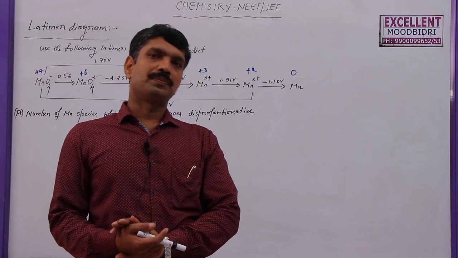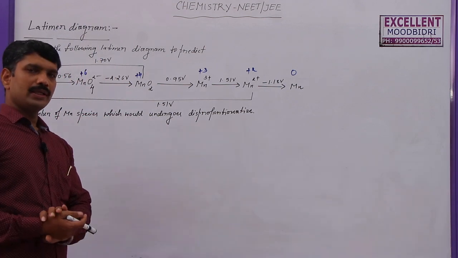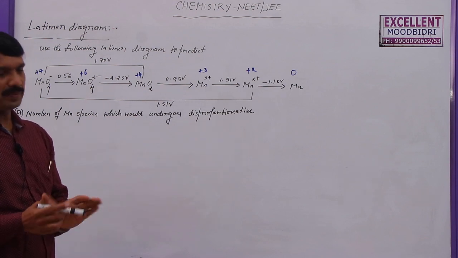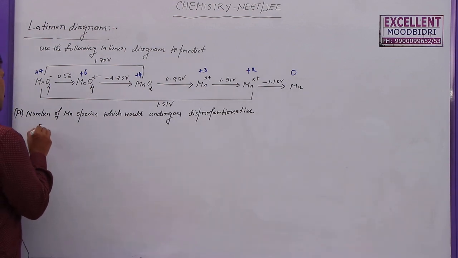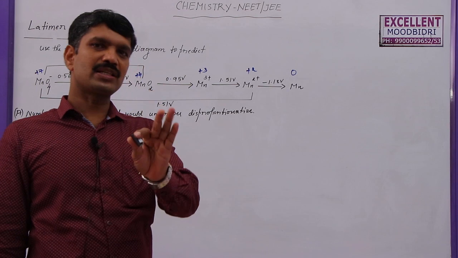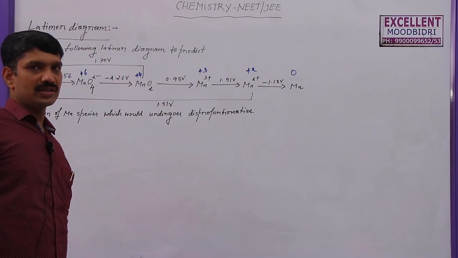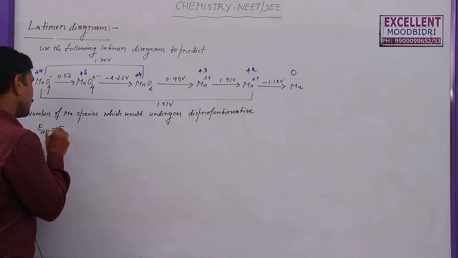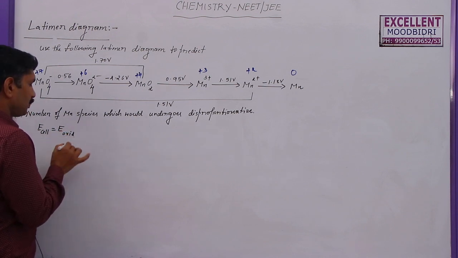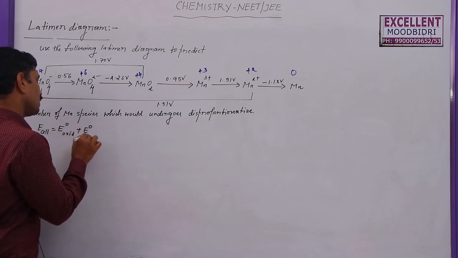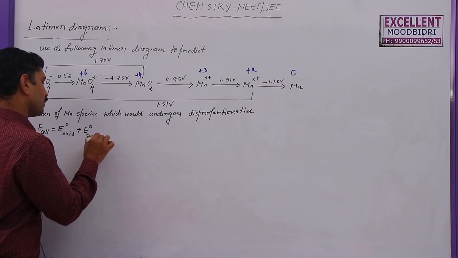To solve these problems, we know that generally the E cell of a reaction is calculated from the E cell of the electrochemical or galvanic cell. A galvanic cell includes oxidation and reduction. So the E cell of a galvanic cell is calculated by the formula: the oxidation electrode potential plus the reduction electrode potential.